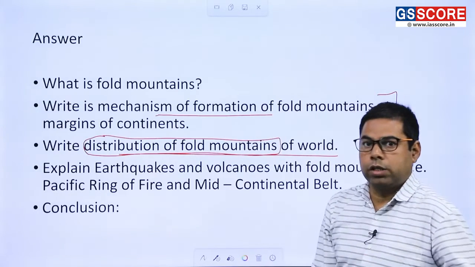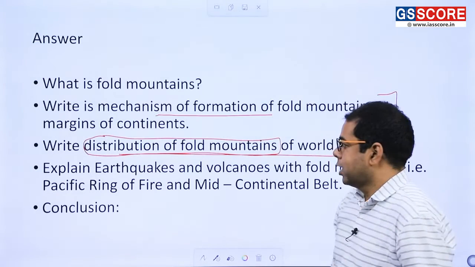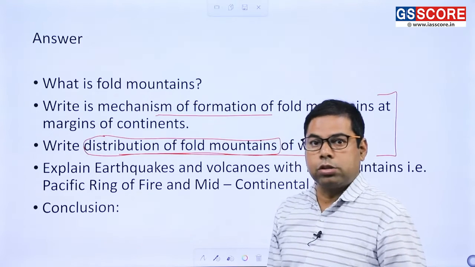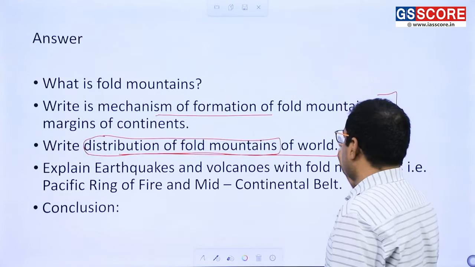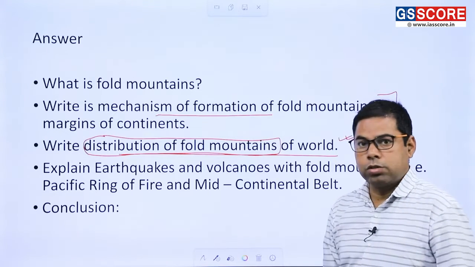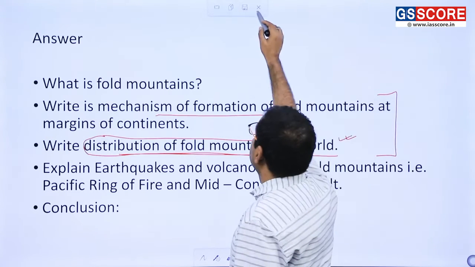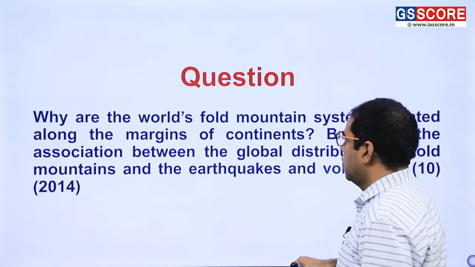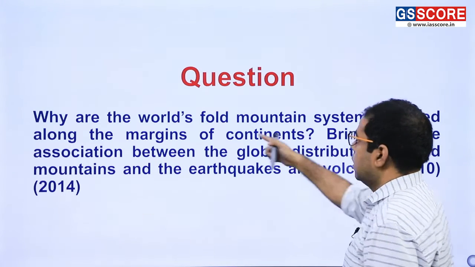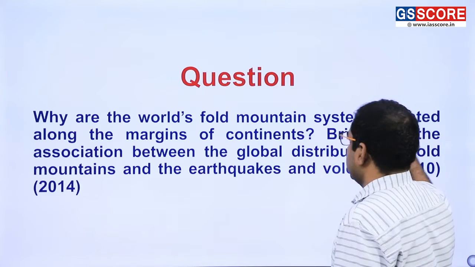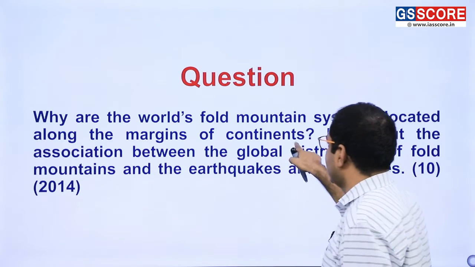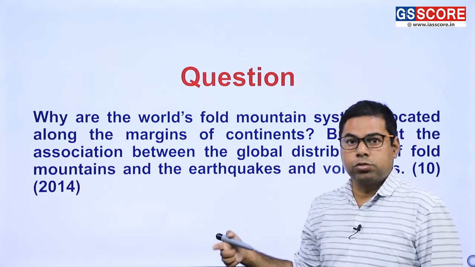So we do not have to use extra words in writing the distribution, because this point is also part of the question. We must mention it, because the question asks why the fold mountain system is located along the margin of continents. So this means we have to show the distribution.